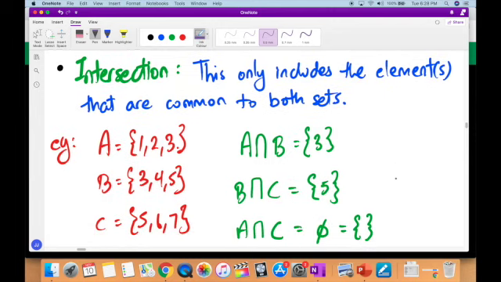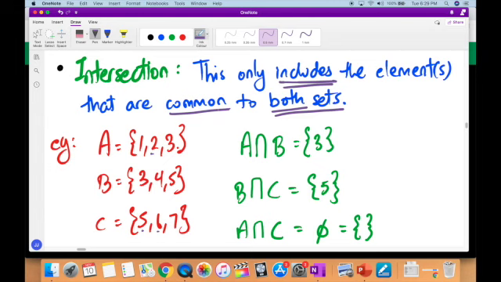Next up, we have intersections. Now, this will only include the elements that are common to both sets. For example, I have the set 1, 2, 3, the set 3, 4, 5, and the set 5, 6, 7.